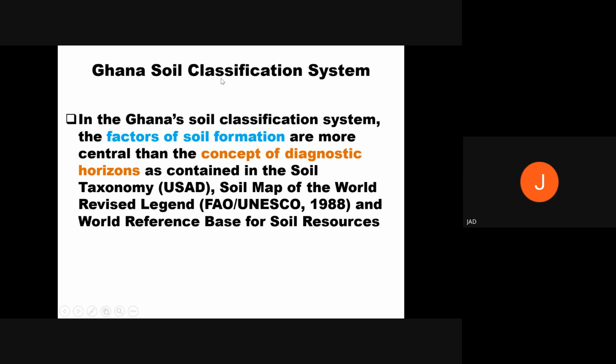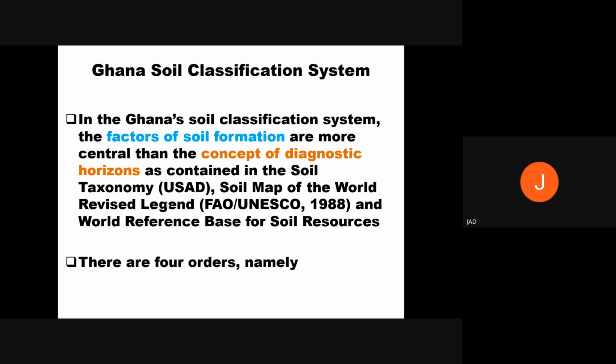So here in Ghana we look at the environment, the factors leading to the formation of that particular soil that you are dealing with, and we use that to classify the soil. And this is under the so-called Bremner classification system. Sometimes it is referred to as the interim classification.